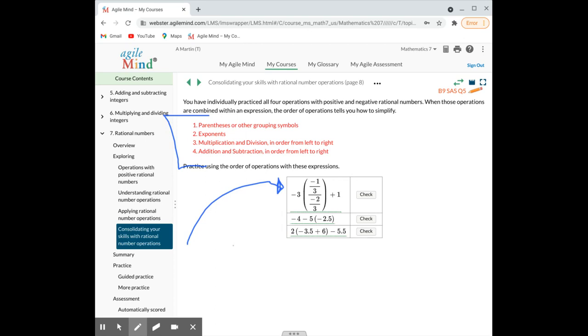Now, this is actually getting into block 9 as well. If you're looking for your workbook, this would be probably around question 6 in your workbook on block 9. What page would that be? 219. So this would be page 219.